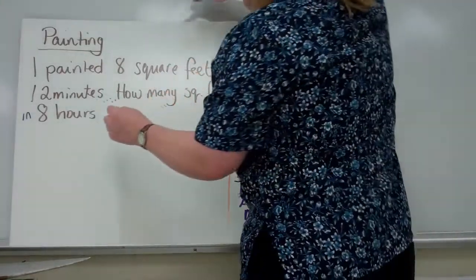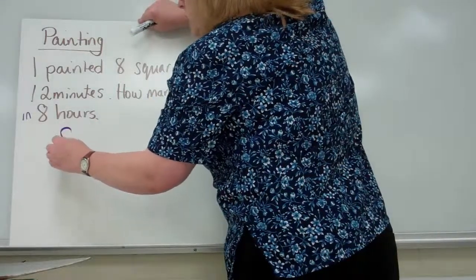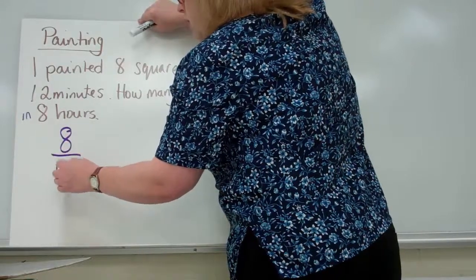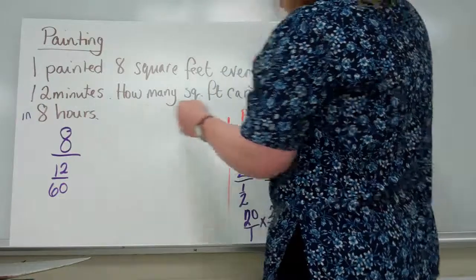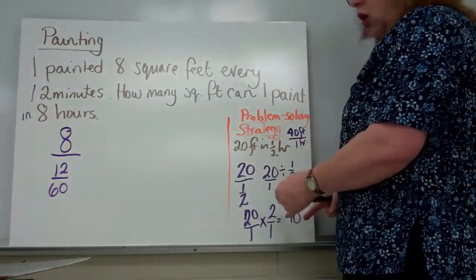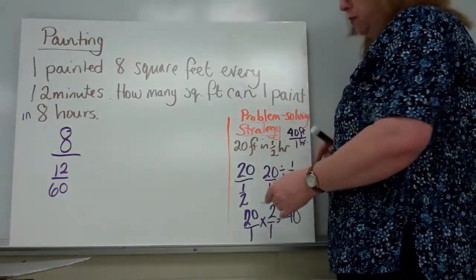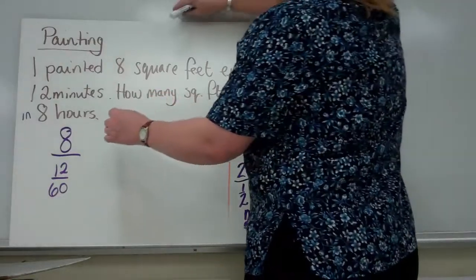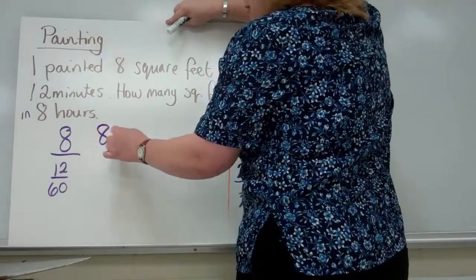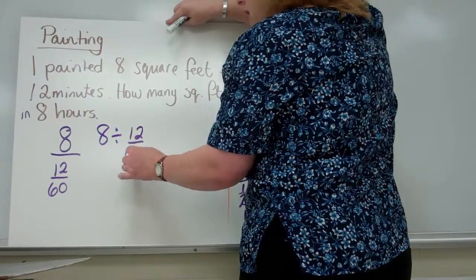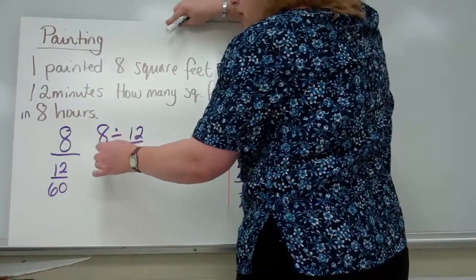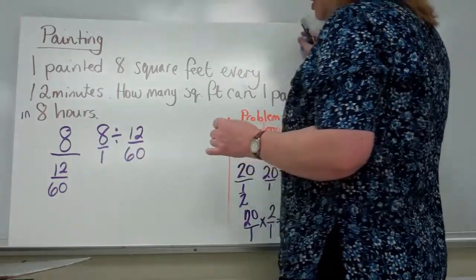But if I don't even know that, suppose I just know that it is 12 out of 60. Then I can use this method that I know works because I got the answer I knew, and that was correct. I can take this, rewrite it. Nothing's changed except its form. I'm going to make that into a fraction, which I can.